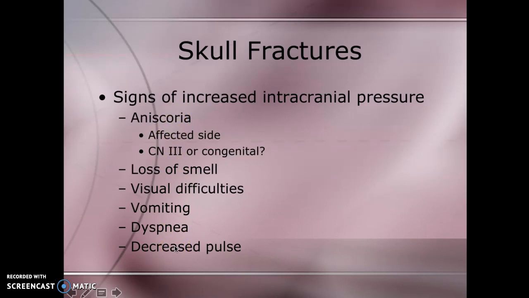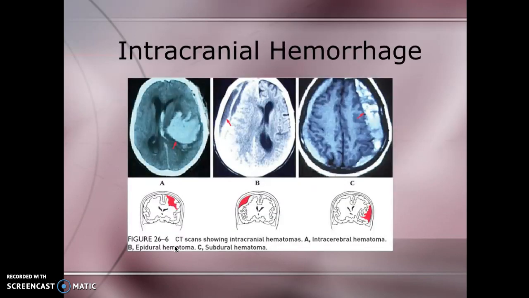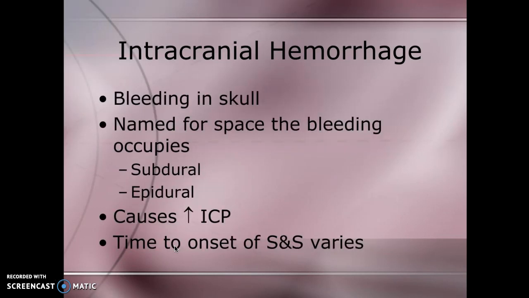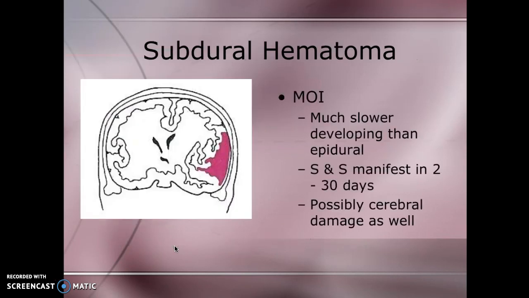And really, we would consider any abnormal cranial nerve assessment to be perhaps indicative of increased intracranial hematoma. Okay, so possibly that cranial nerve assessment is positive because of increased intracranial pressure, which can happen when you have an intracranial hemorrhage.